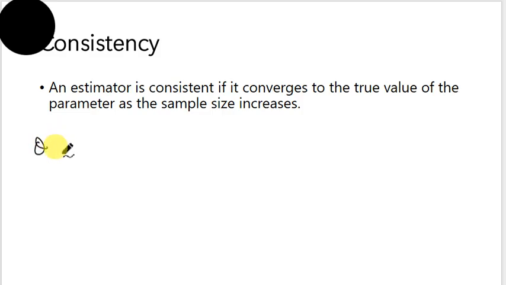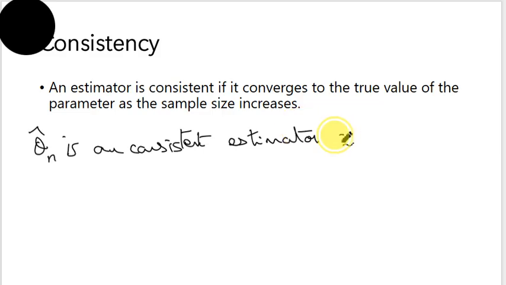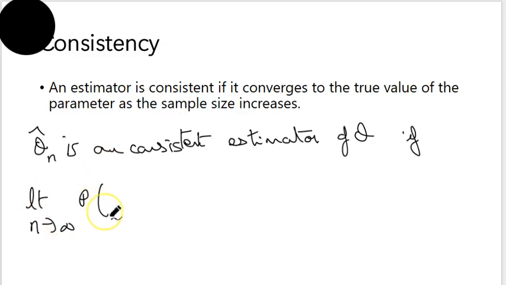Formally, theta n cap is a consistent estimator of theta if limit n tends to infinity of probability of mod of theta n cap minus theta less than epsilon is equal to 1.